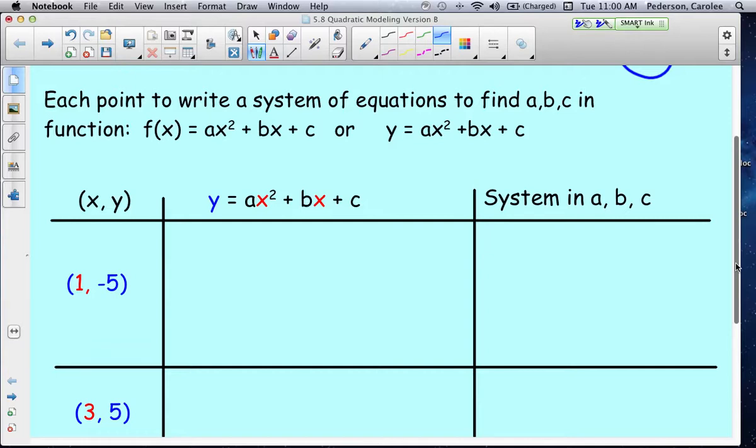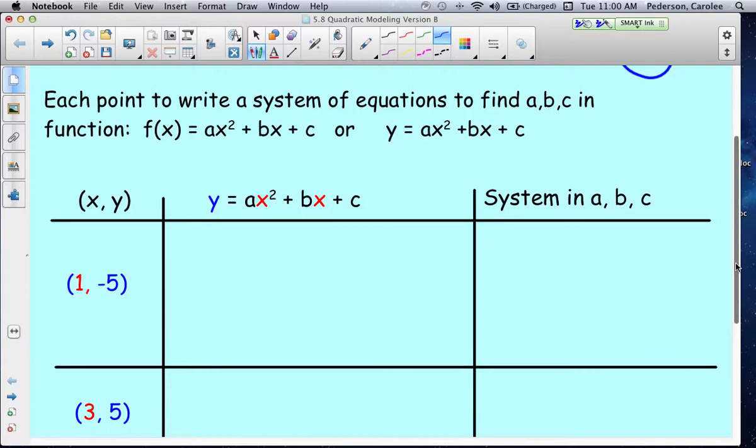So what we're going to start off with is 3 ordered pairs. And we want to come up with what the 3 equations will be in a system with A, B, and C. So the first column is going to be the ordered pairs.